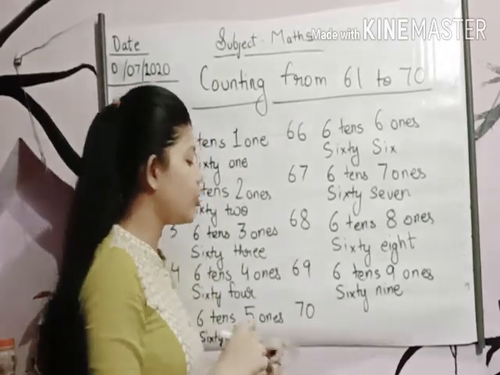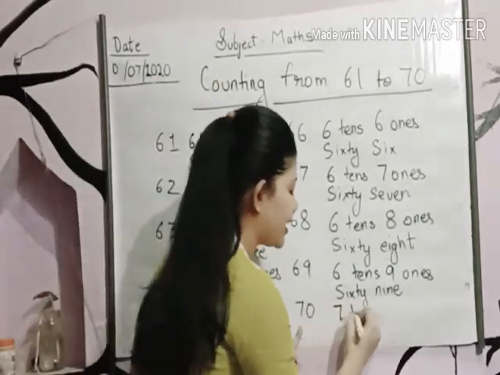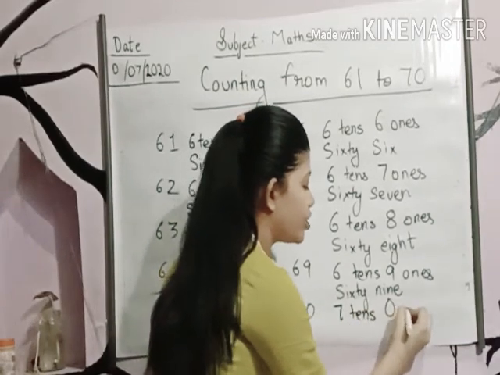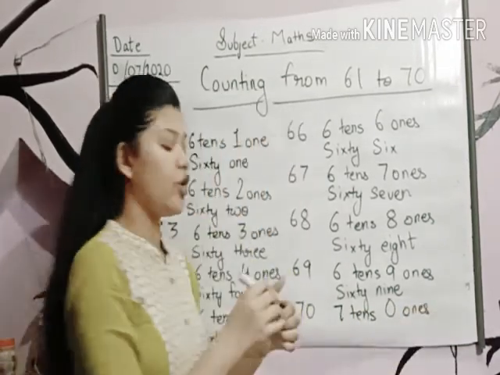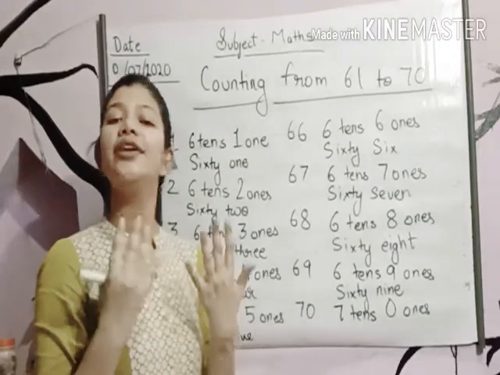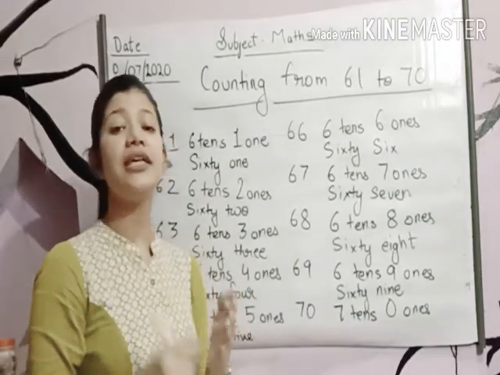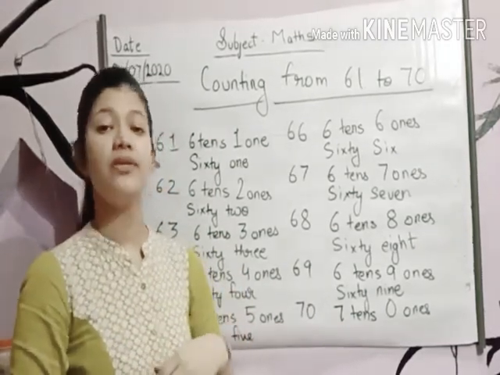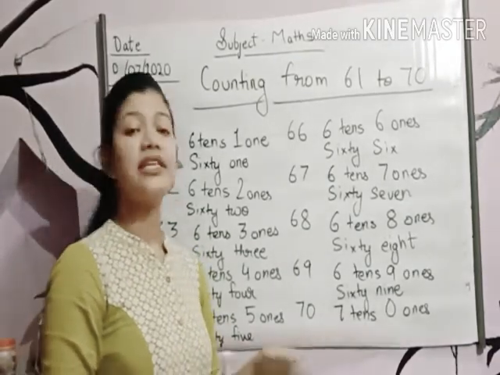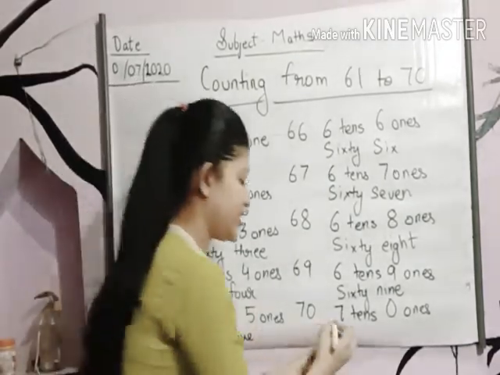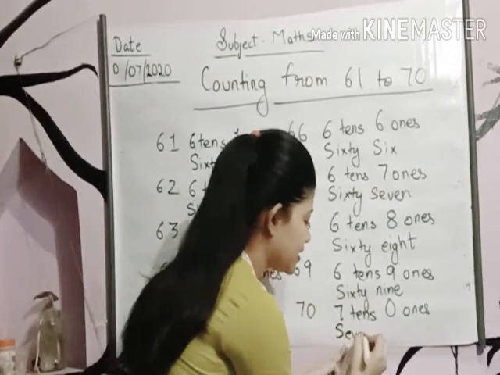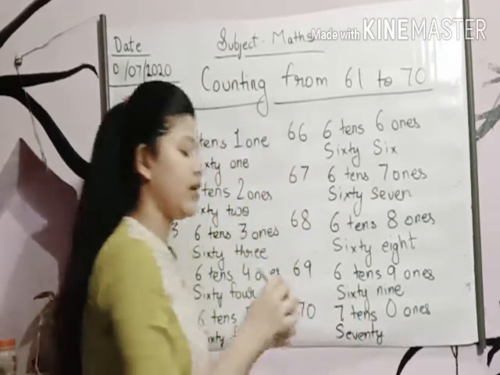So what will we do? We will write 7 tens and 0 ones. And we all know that 0 has no value. Yes, 0 means absence of something. So 7 tens is equal to 70. So we will write it 70. Clear?